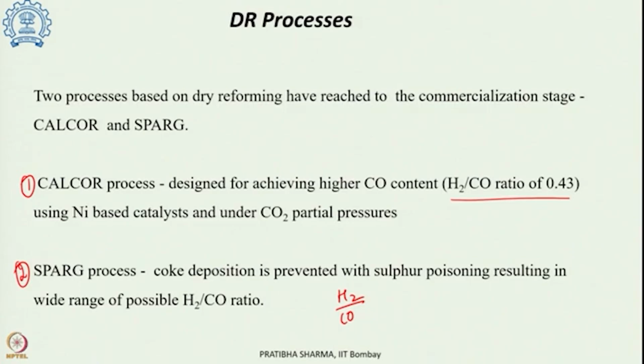To get a wider range of H2/CO ratio in this process, the activity of the catalyst is altered, wherein sulfur poisoning is intentionally done by means of H2S, so that the ensemble size becomes smaller, and the possible H2/CO ratio that can be achieved can be varied in that process.